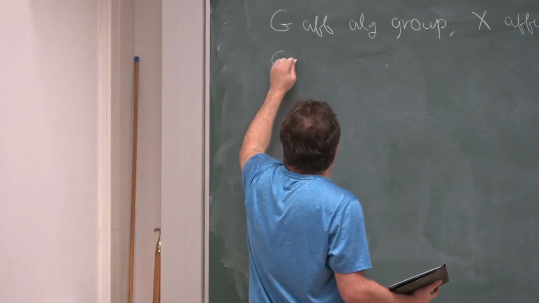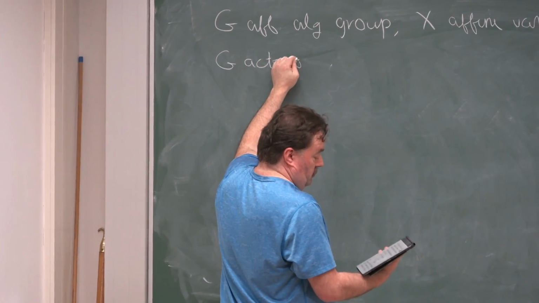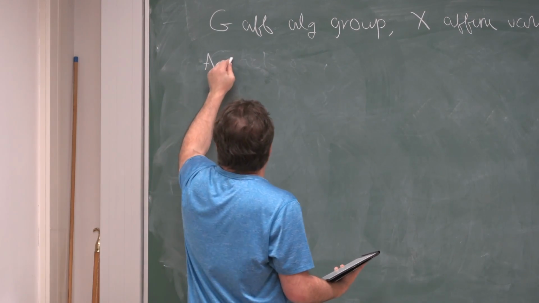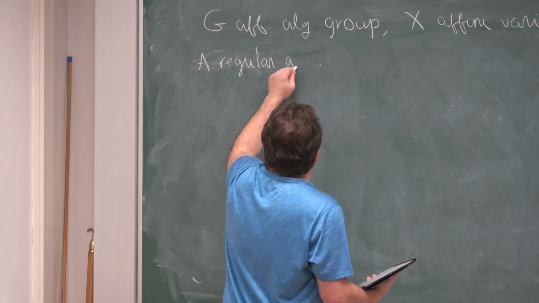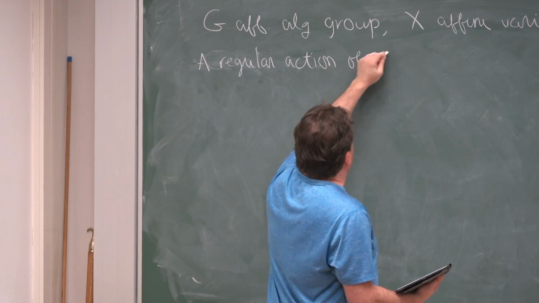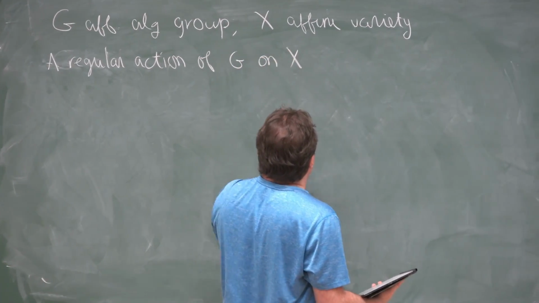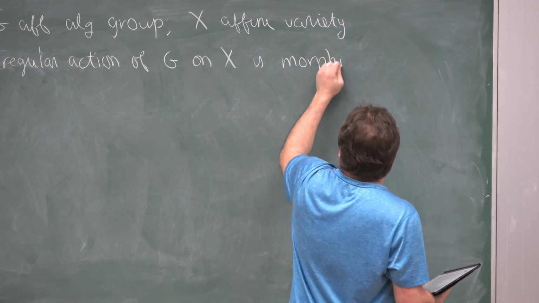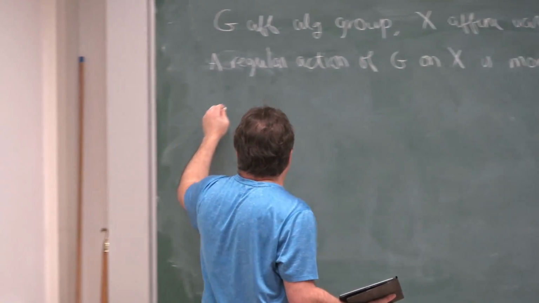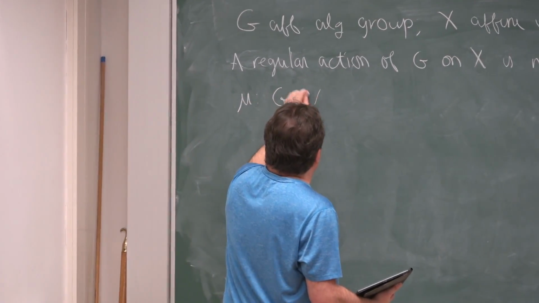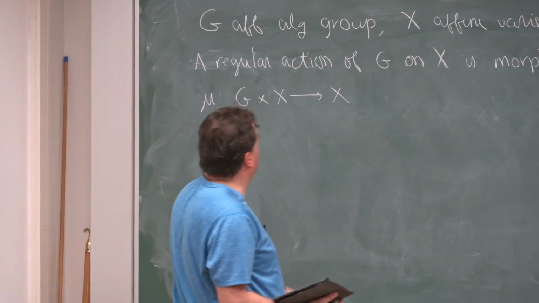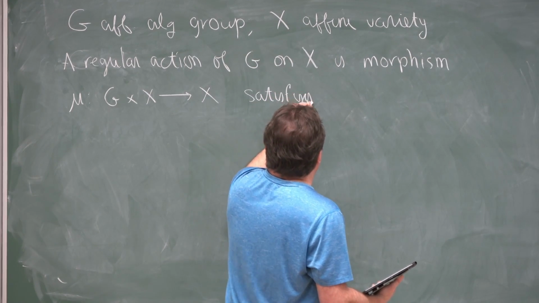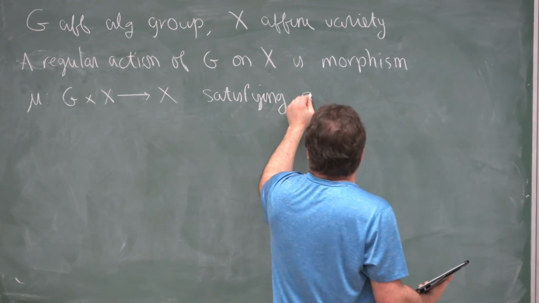Then we say G acts on X, or let me say that differently, a regular action of G on X is a morphism, I'm going to call it mu, from G cross X to X, satisfying the action axioms.